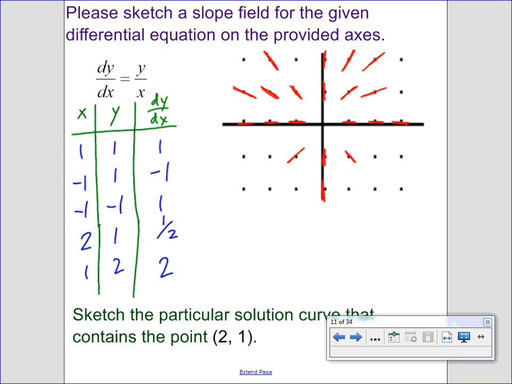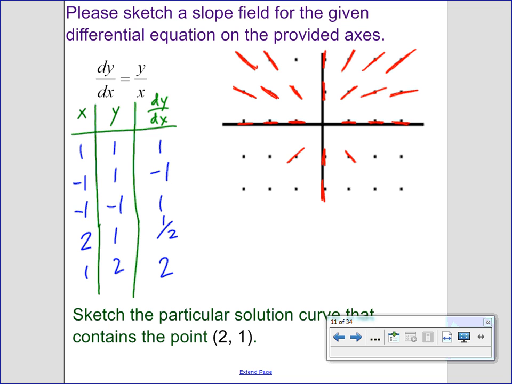Negative 3, 3, 3, 2, 3 halves. Negative 3, 1/3. Steeper, 1.5, 1. 2/3.